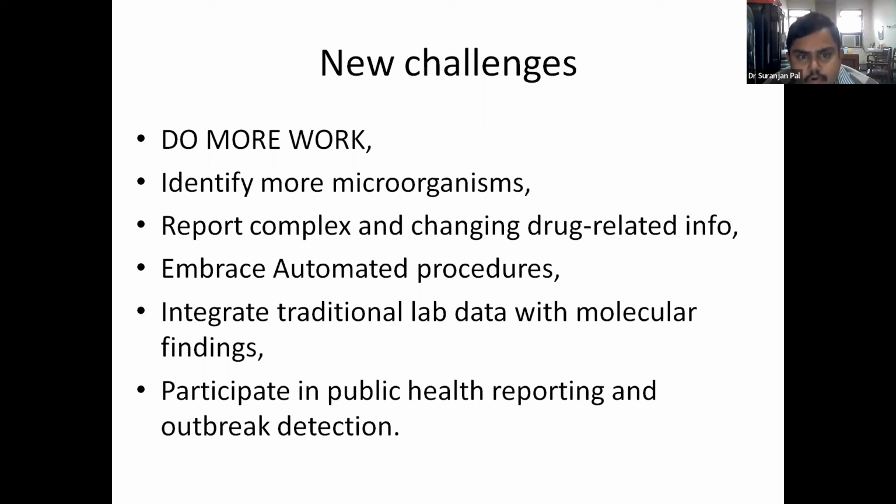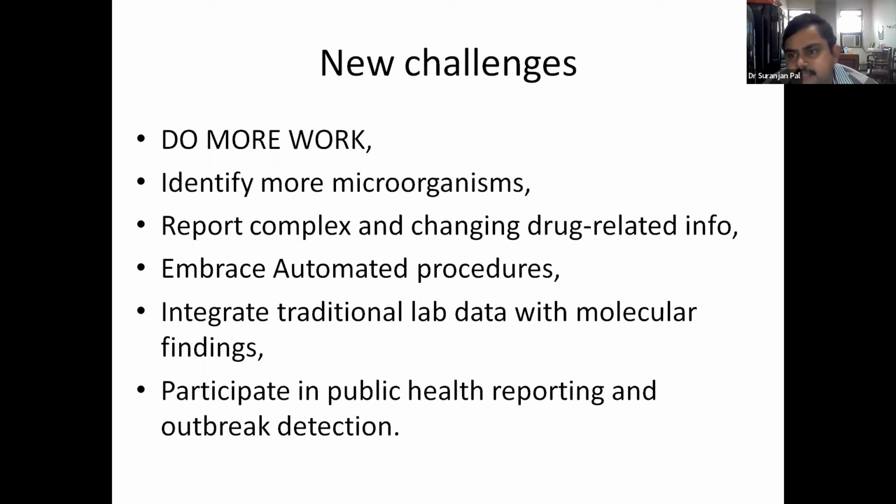So we have to do more work, identify more and more organisms, and report complex and changing drug-related information, including the therapeutic index and MIC-based reporting. We have to embrace automated procedures because they will be the future of clinical microbiology, and integrate traditional lab data with the molecular findings.